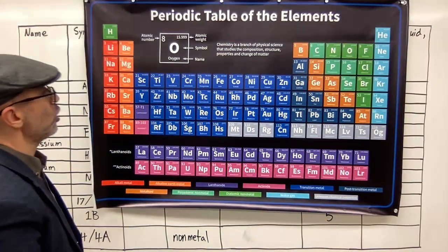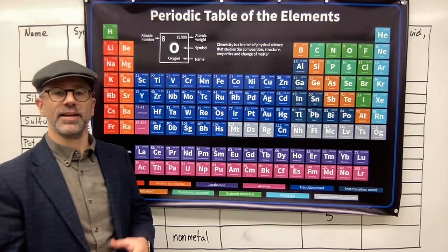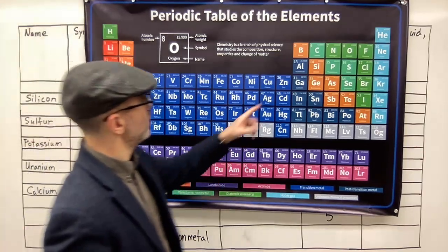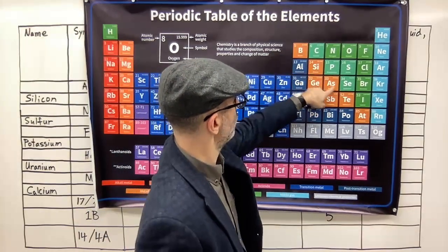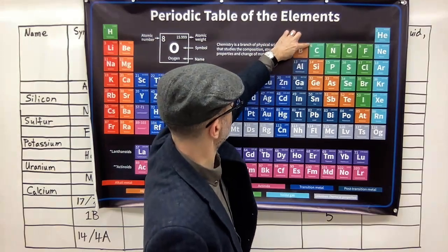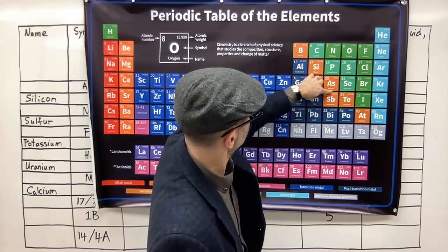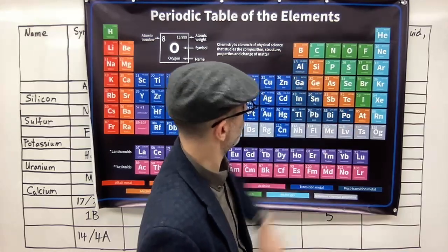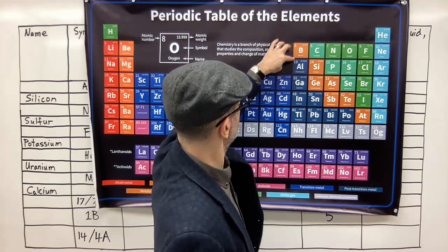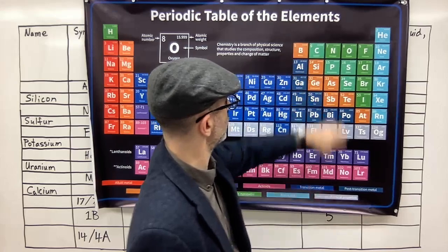Okay, so the structure of the periodic table. First, we need to identify things like metals, nonmetals, and metalloids. So remember, this stairway here, these are the metalloids. Along the stairway, you can see these orangish colored elements.